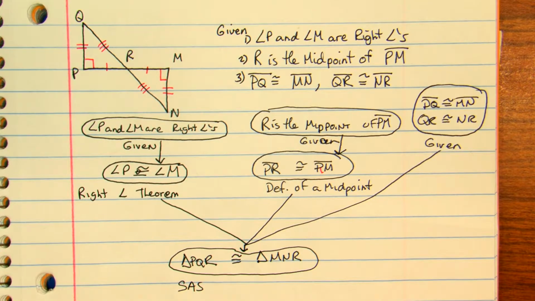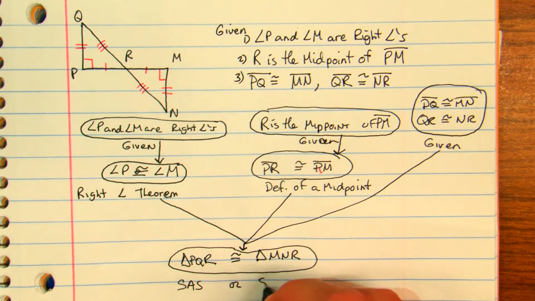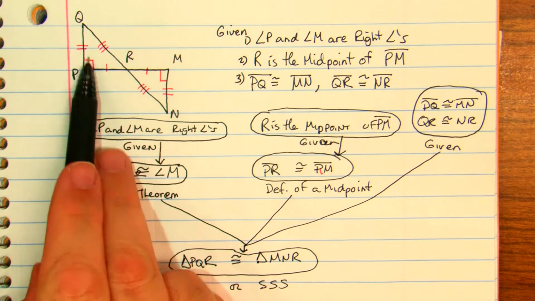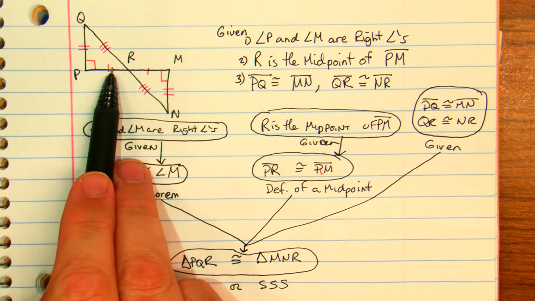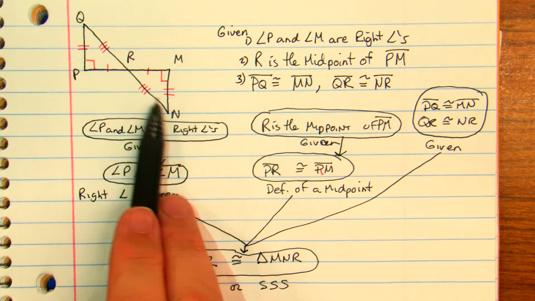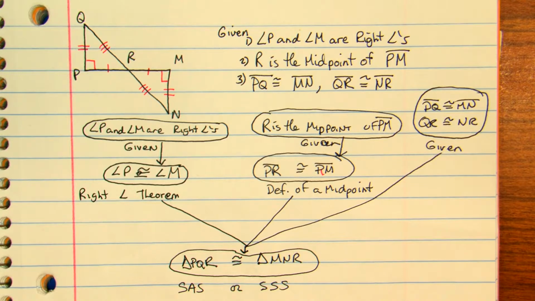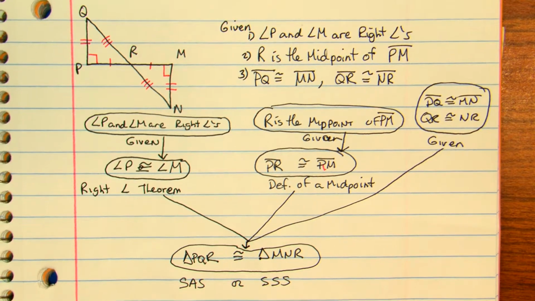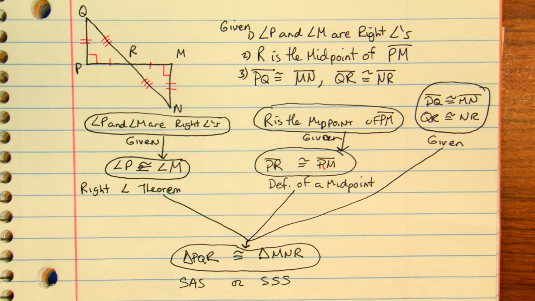Yeah, or side side side. Because we could get side angle side from right here, or you could use side side side. So we actually have two different cases in this one that would actually work. Now, which one's right? They both are. As long as you can prove it and everything is true, you could go ahead and do that.